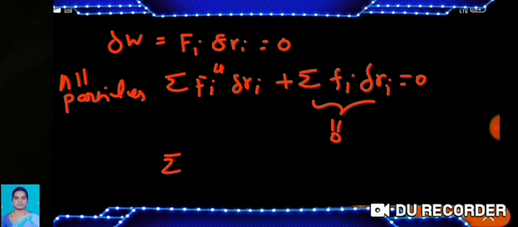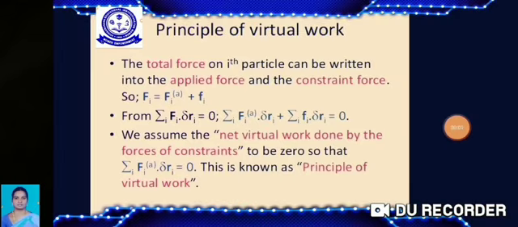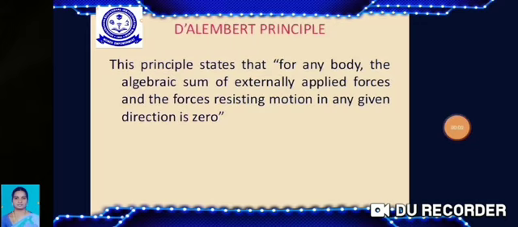So, summation Fi^A del Ri is equal to 0. Therefore, the virtual work is the work which is done on this system only by the applied forces. This is the principle of virtual work. So, the principle of virtual work applies only for static equilibrium.